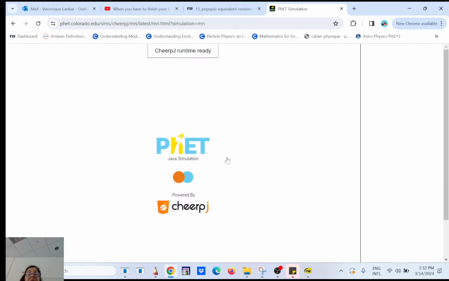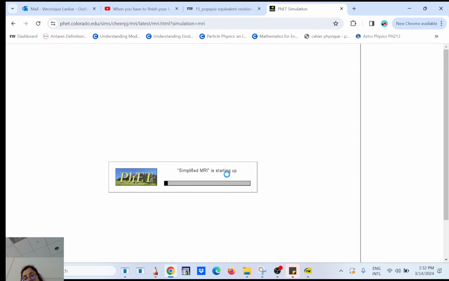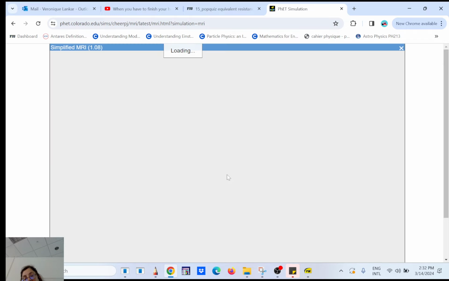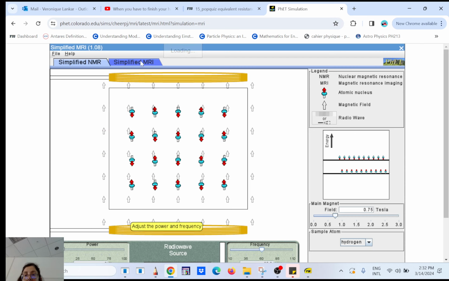In a nutshell, okay? So in the body, you have a lot of hydrogen. Hydrogen atoms are like protons; a hydrogen atom is made of a proton and one electron.